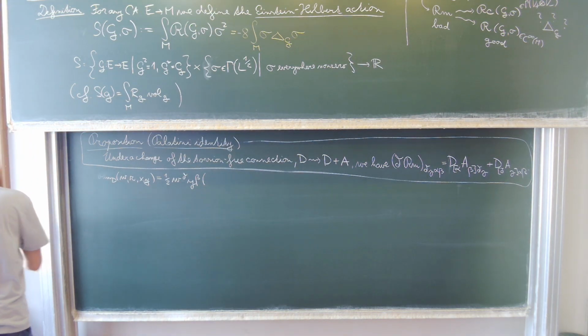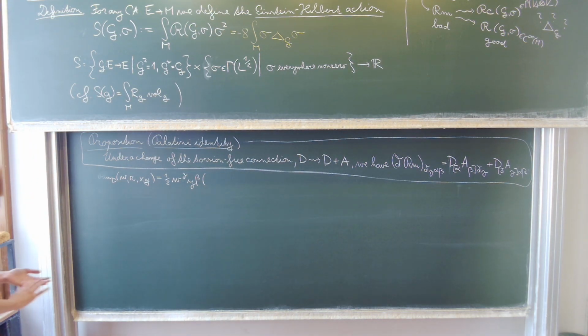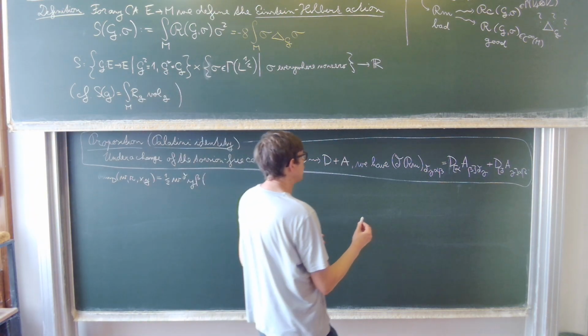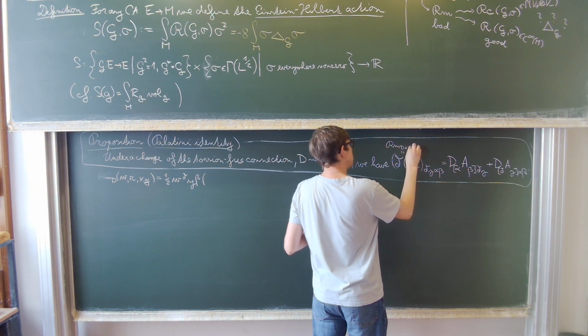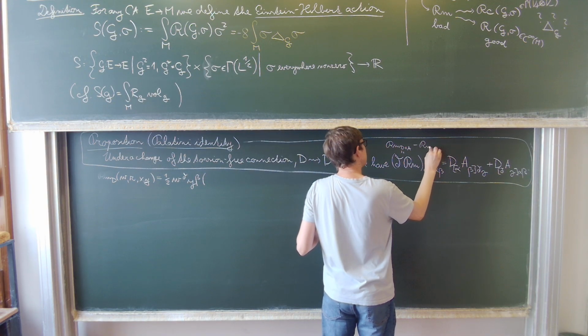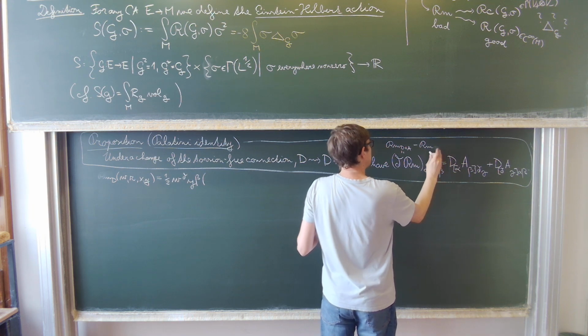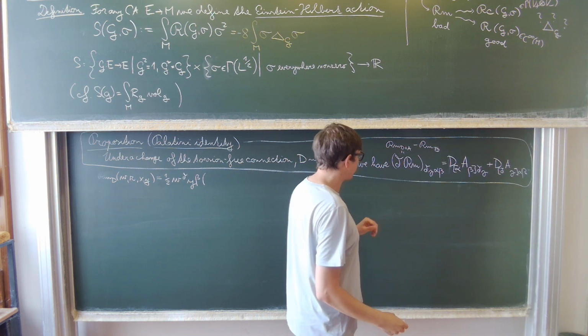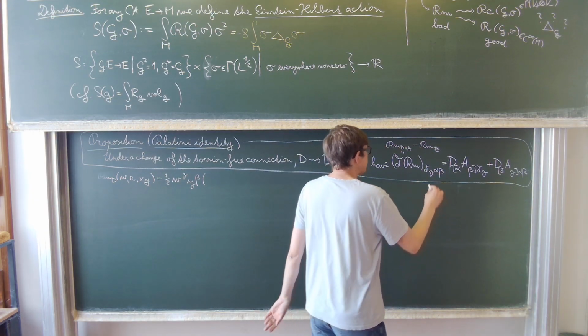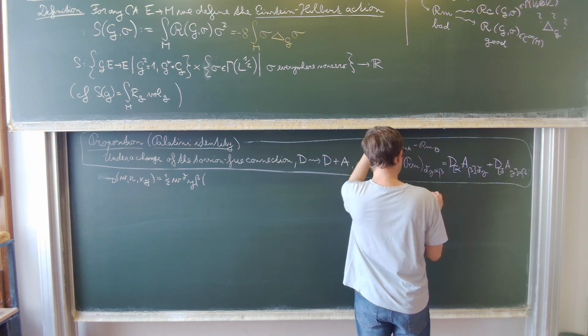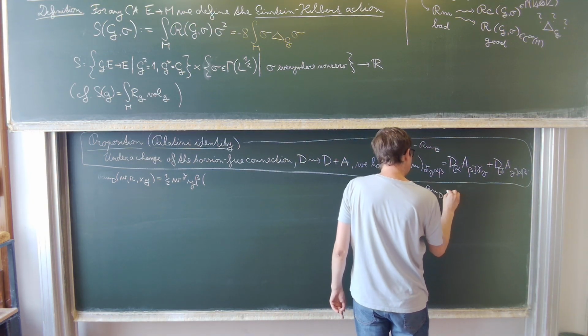Can I ask something, just to be sure about the meaning? This is delta of Riemann, a change? Yes, that's the change. So this is Riemann of this minus Riemann of the other. And the indices? Riemann is an element of the Riemann tensor, just like in ordinary geometry.